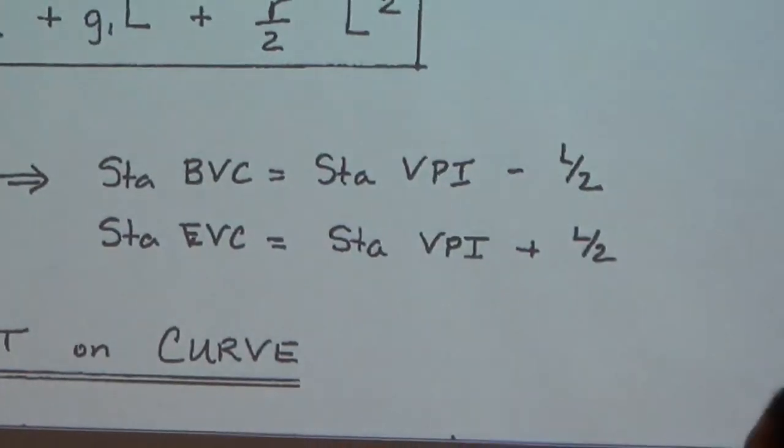The end point, the EVC. So I put in L, because L is the horizontal distance to the EVC. So do we need this equation? Not really. That's all I did, put L in for X, and the elevation is the elevation of the EVC. So I probably wouldn't even box that in now.